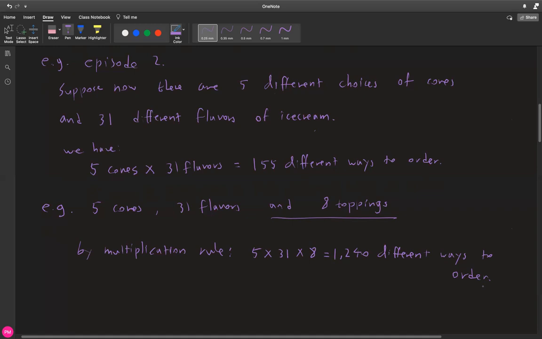So that was quite simple, and I think we all understand the multiplication rule as is already.